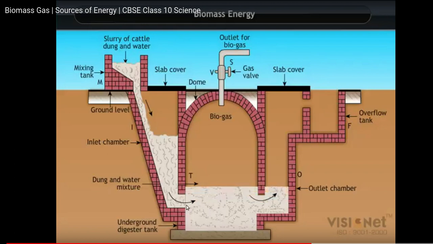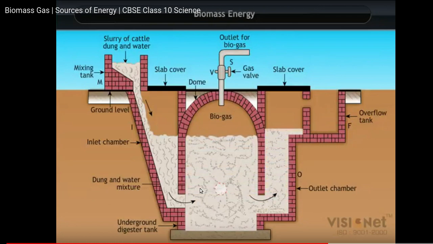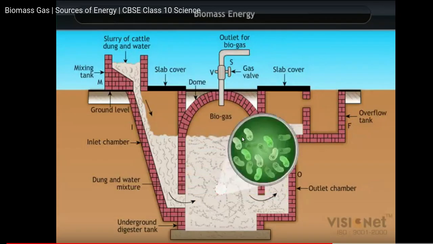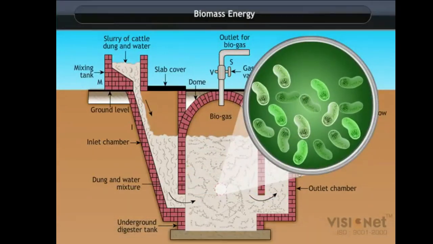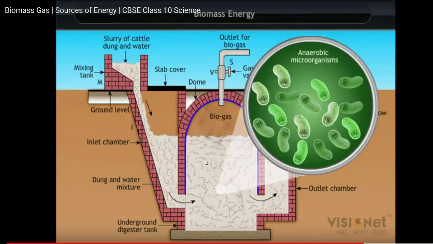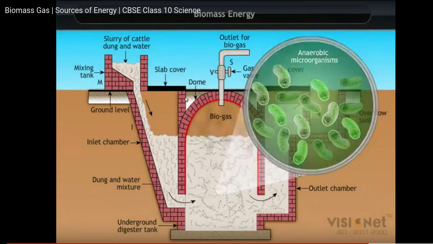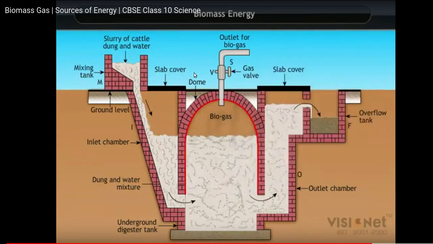As the tank fills up, the microorganisms, as you can see over here in a zoomed-in tiny snapshot of this area, start decomposing the waste, and you can see the gas which is created. The biogas is created and goes out through this pipe.